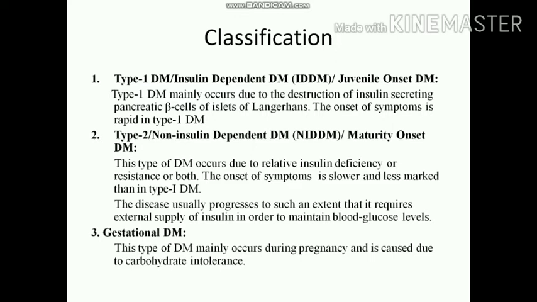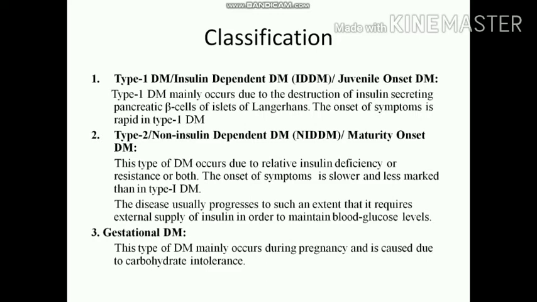In type 2 diabetes the symptoms are slower and less marked than in type 1 diabetes, and the disease usually progresses to such an extent that it requires an external supply of insulin in order to maintain blood glucose level. And next is gestational DM, this type of DM mainly occurs during pregnancy, and it is due to carbohydrate intolerance.